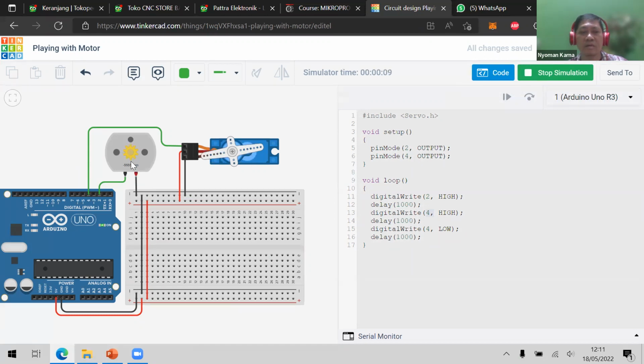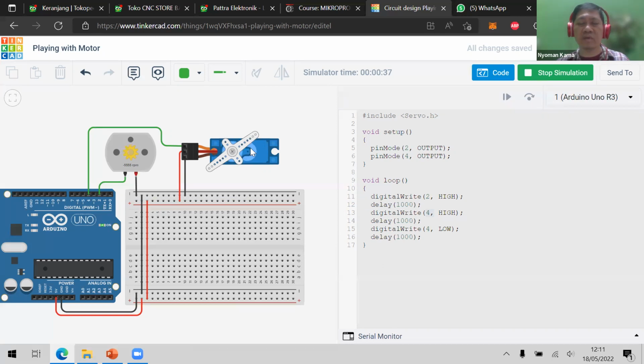Oh, why is the DC motor still rotating? That's because we send high voltage to pin number 2 and never set pin number 2 to low. So that means all of this looping, pin number 2 will stay high.